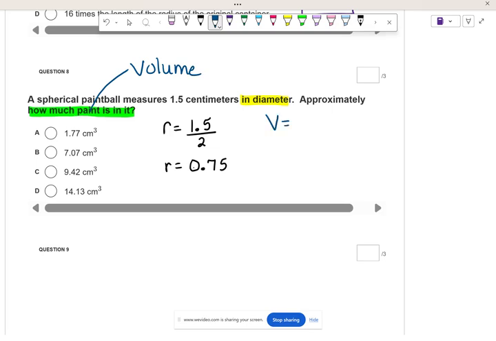The volume formula is 4/3 pi r cubed. So we are going to calculate 4/3 times pi times 0.75 cubed.